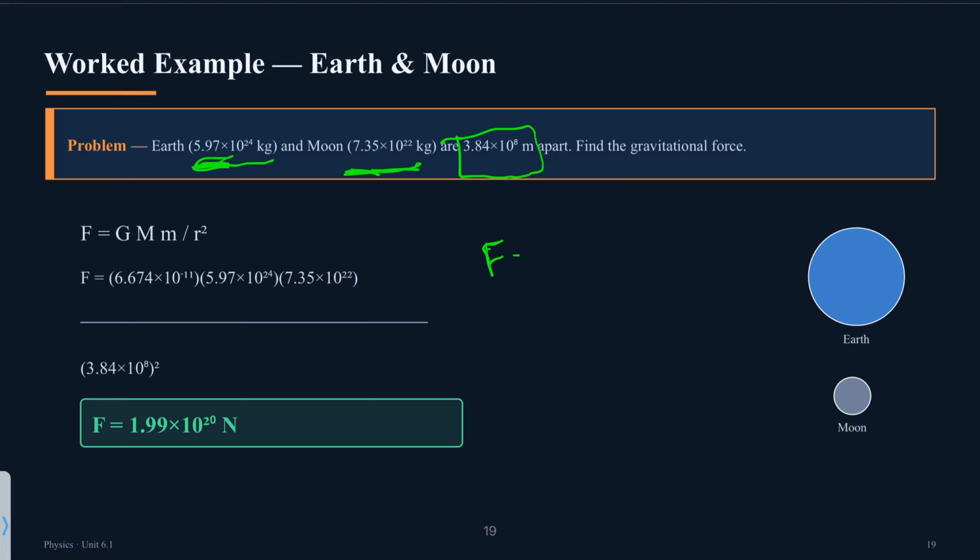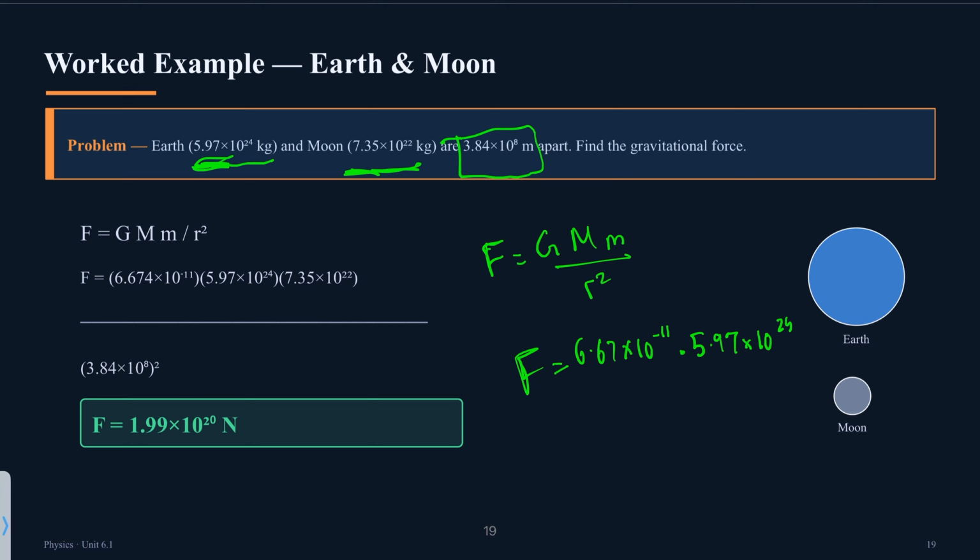The force is just big G, big M, little m over r squared, right? So force is just, what's big G going to be here? 6.67 times 10 to the negative 11. Times the mass, 5.97 times 10 to the 24. That's our larger mass anyway.